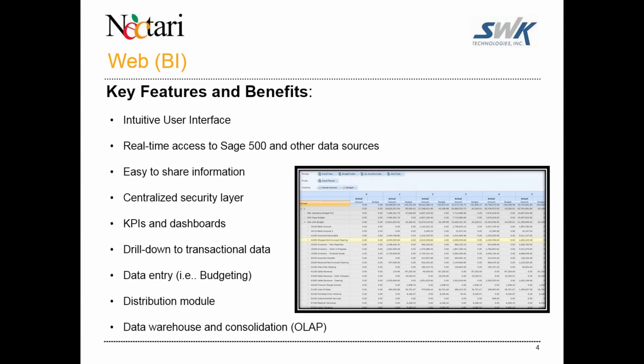The first is the Web BI. The Web BI has an intuitive user interface that allows real-time access to Sage 500 data and other data sources. This makes it easy to share information across the organization.